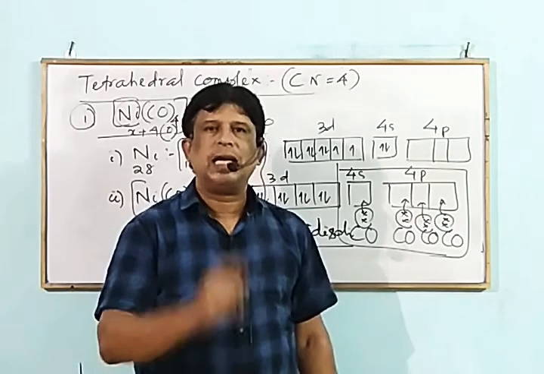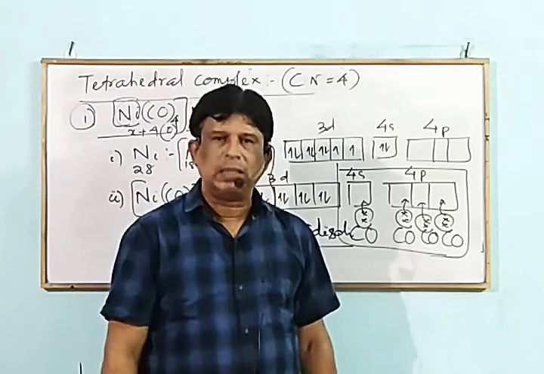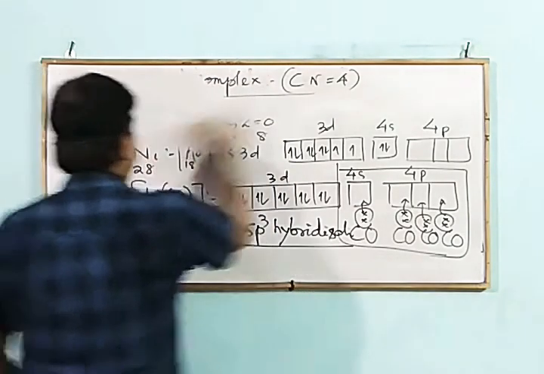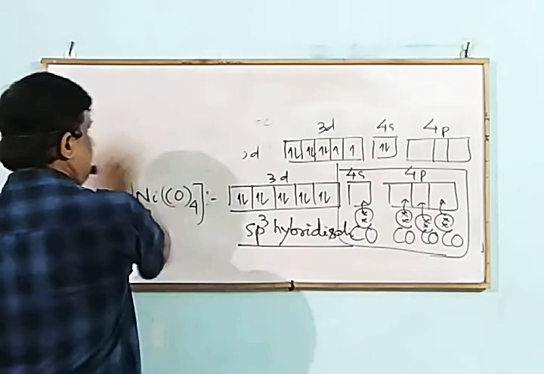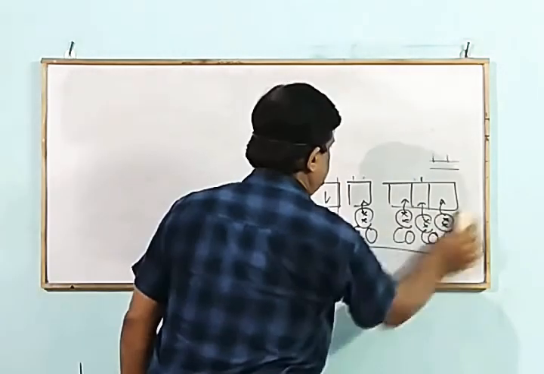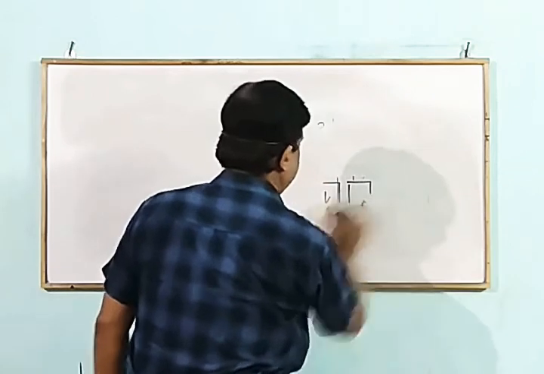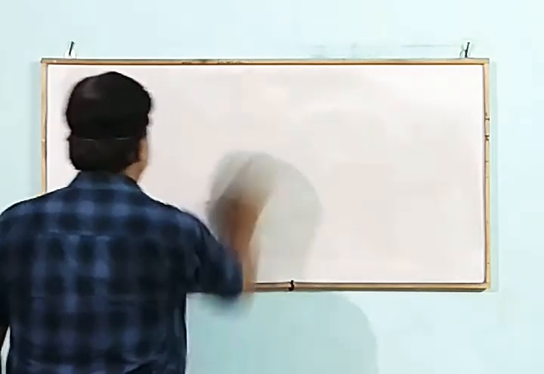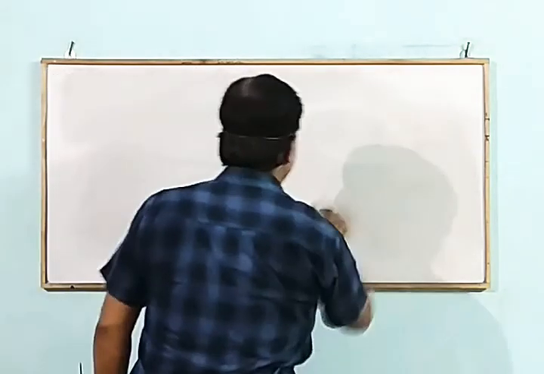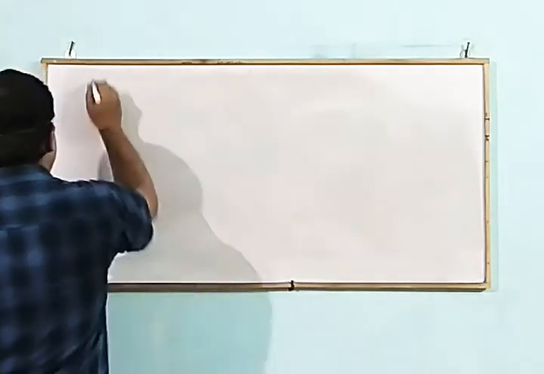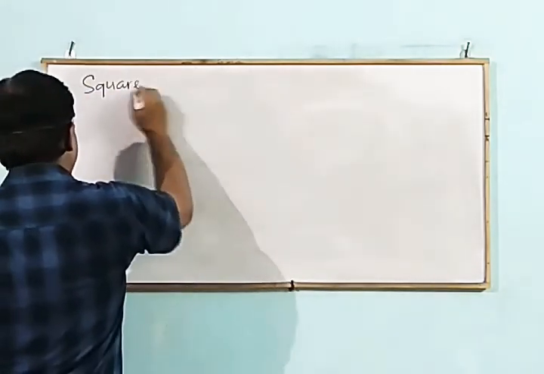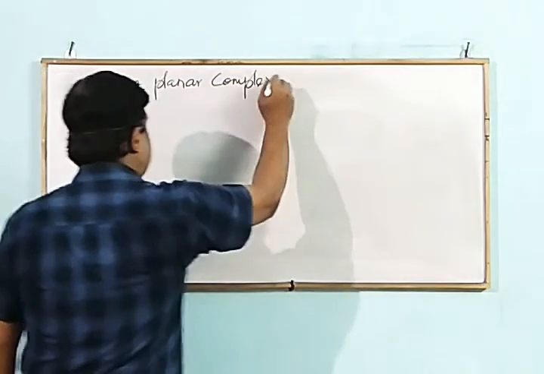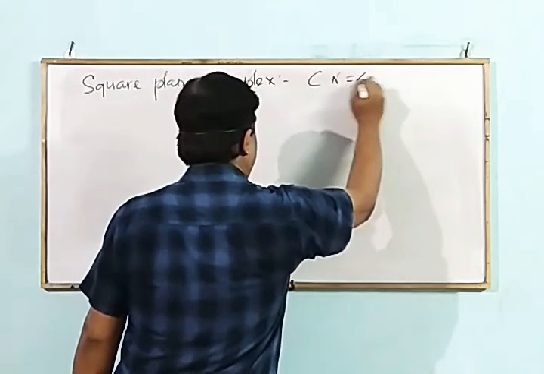Let us discuss another example of a square planar complex having C dot N 4. Next we discuss the square planar complex having coordination number 4.